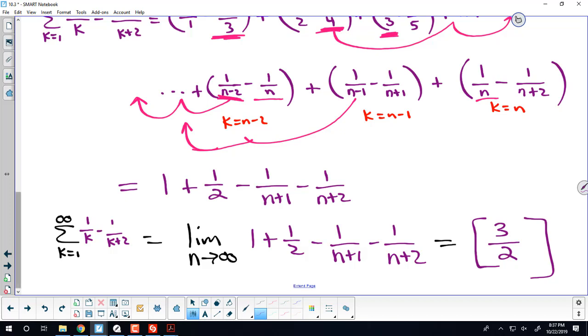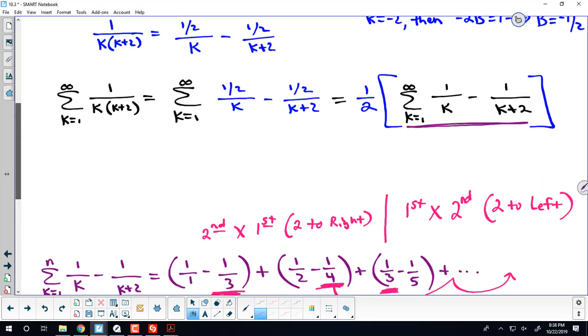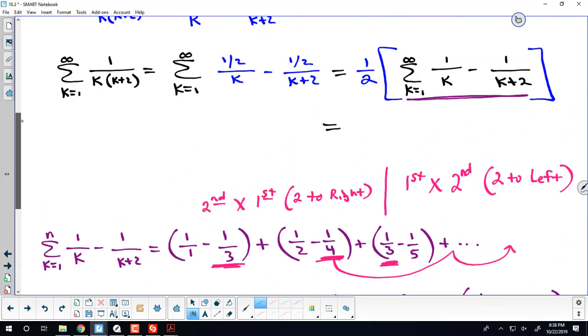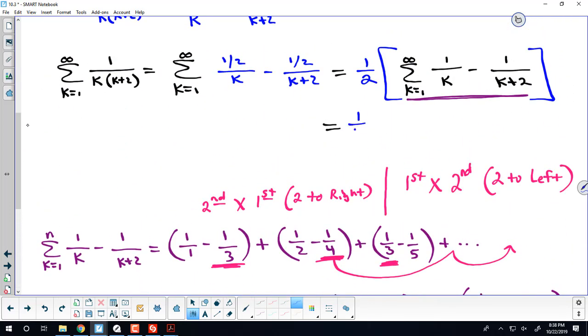Okay, questions on what we've done there with that telescoping? Okay, so then we just need to put that back here. For this one here, let's see.